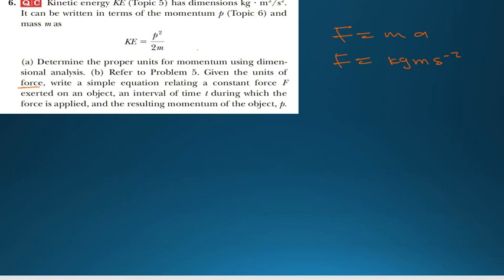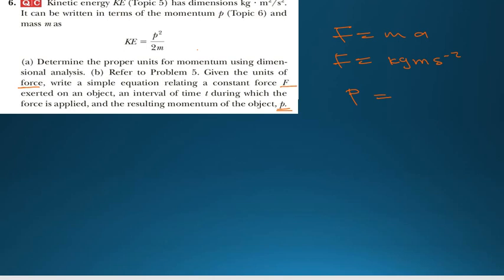Let's go ahead now and find a relationship. This is where we use dimensional analysis to derive formulas. You have to find the resulting momentum. To find the formula for the resulting momentum, here is what you do. You are going to say momentum is going to be, what have you been given?